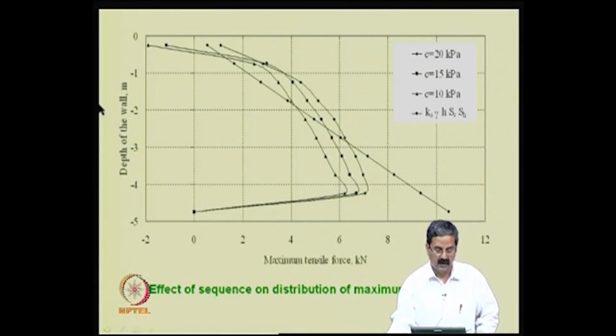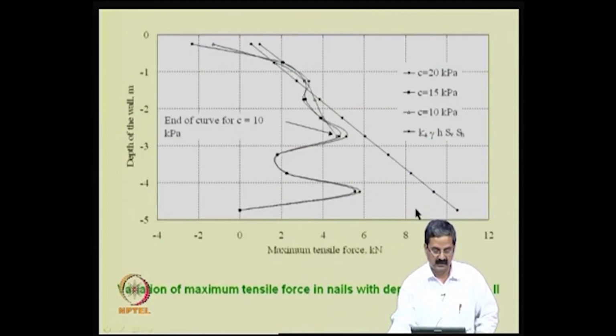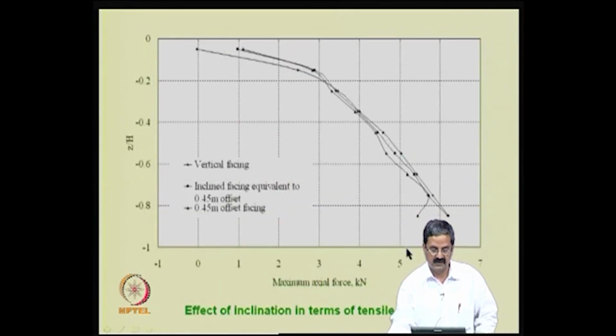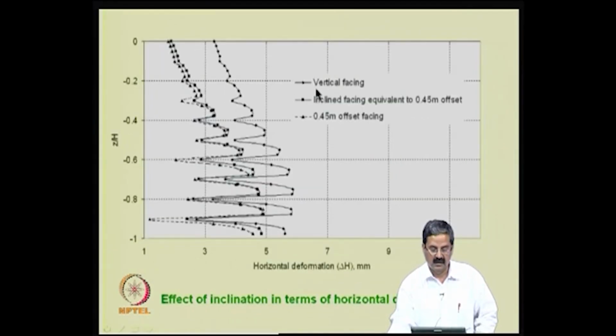So, this is how it is different from what you assume. This is what I was telling you, the difference between sequence 1 and sequence 2. This is another type, the effect of inclination. Again, the vertical facing will have maximum deformation compared to the others, that is what we are seeing.